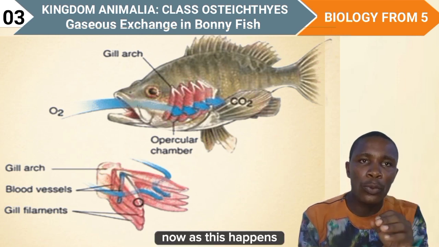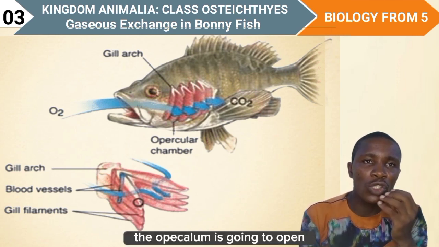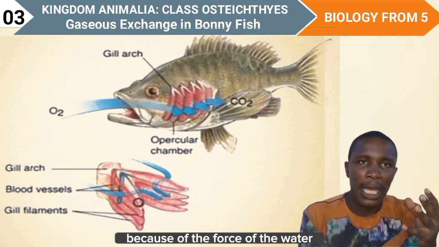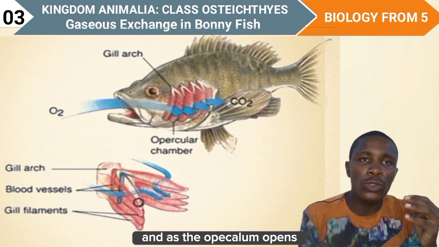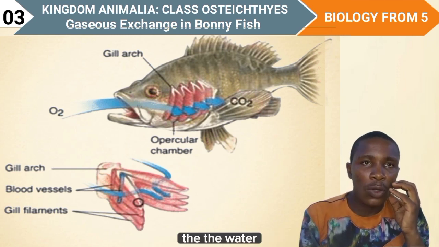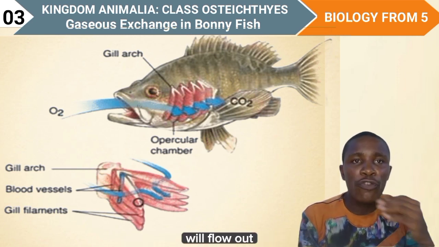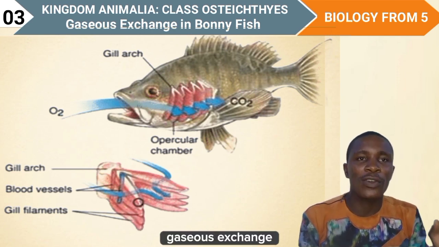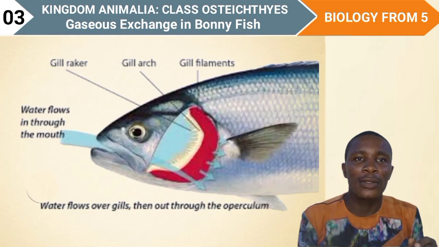As this happens, the operculum opens because of the force of the water, and as the operculum opens, the water that contains the carbon dioxide flows out. This is what we call gaseous exchange.